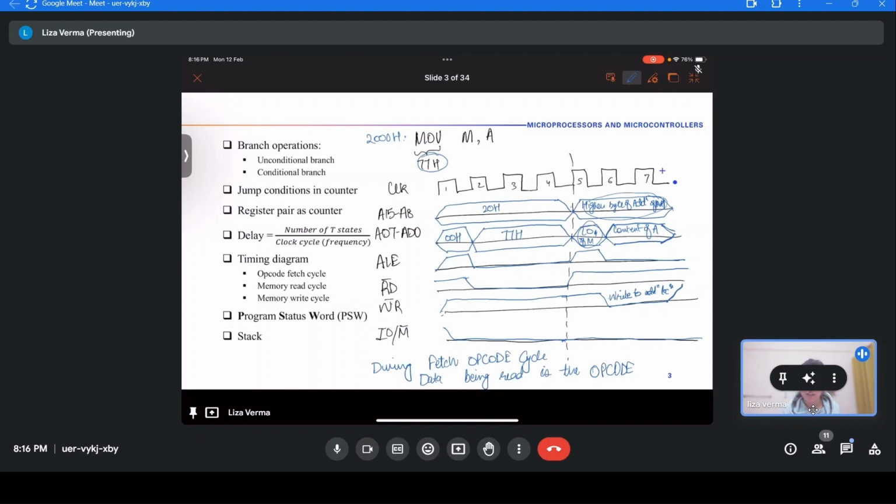So after every cycle, the accumulator will get new data, and the flag register will get new data depending on what the operation was. Together they contain the current status of the microprocessor.